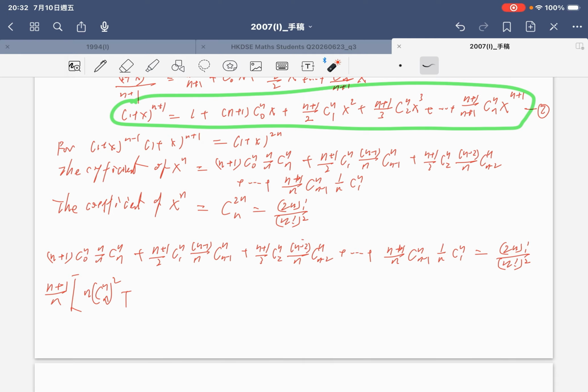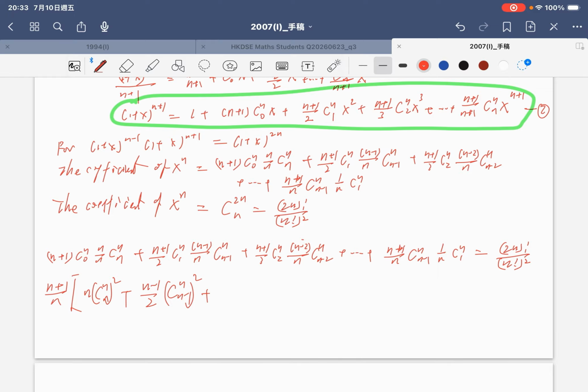For the second term, this is factorized outside, we have (n minus 1) over 2, and change nC1 into nC(n minus 1), keep this one. Therefore, we have square.